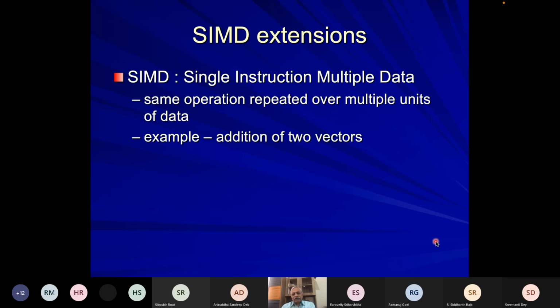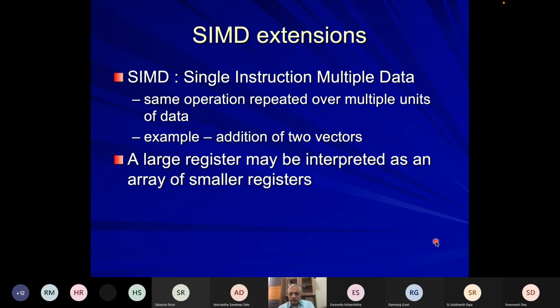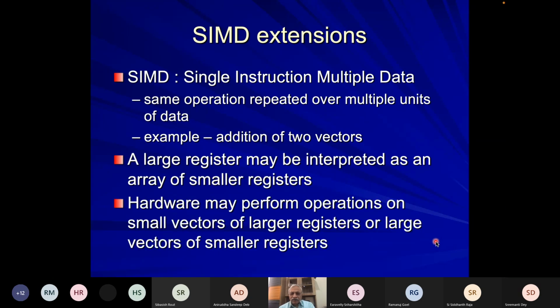There are also SIMD coprocessors. SIMD stands for single instruction multiple data, where the same operation is repeated over multiple units of data, as you do, for example, in addition of two vectors where element by element addition is done. Typically in these coprocessors, a large register is interpreted as an array of smaller registers, and hardware performs the same operation on these vectors.